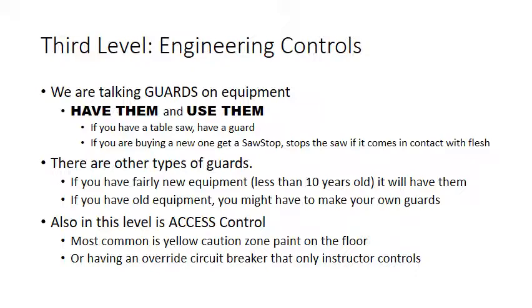And so try to make an effort that proper guards are in place from shears and saws and the like. There's also a part of this engineering control that is access control, and that's the yellow lines around the work area around machinery. You've probably gathered from the previous presentations I'm not that fond of those things.